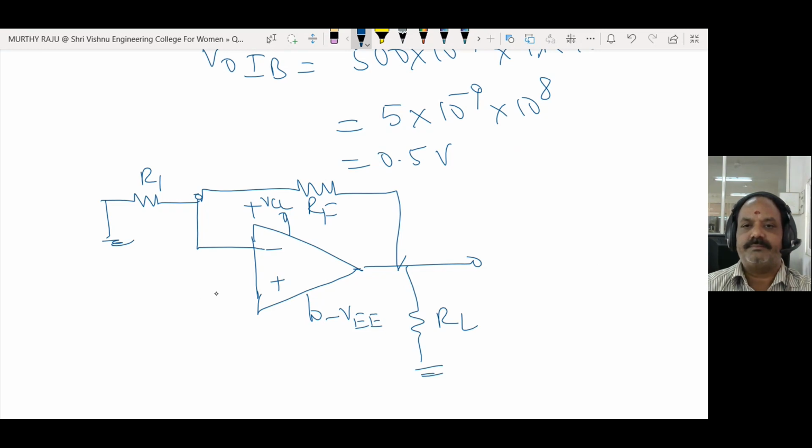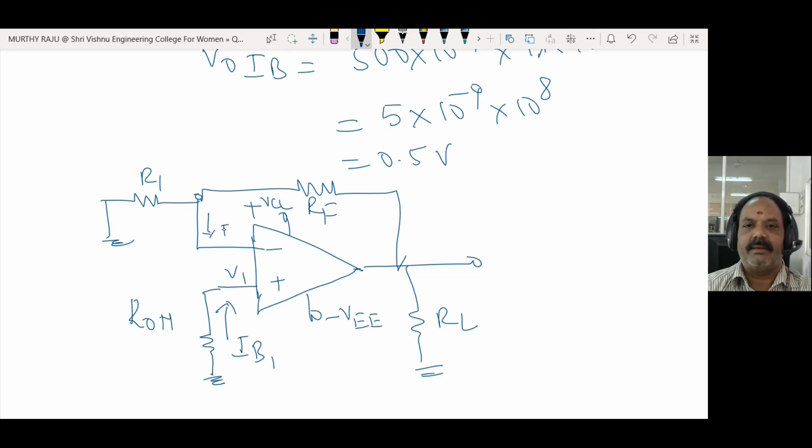Here some compensation resistance is connected in series with the non-inverting terminal of the op-amp. That compensation resistance is represented by ROM, connected in series with the non-inverting terminal of an op-amp. The current flow through this resistance is IB1.